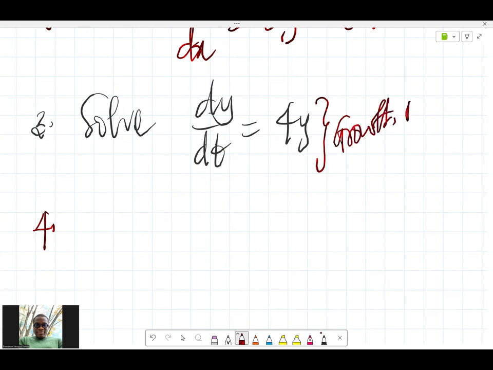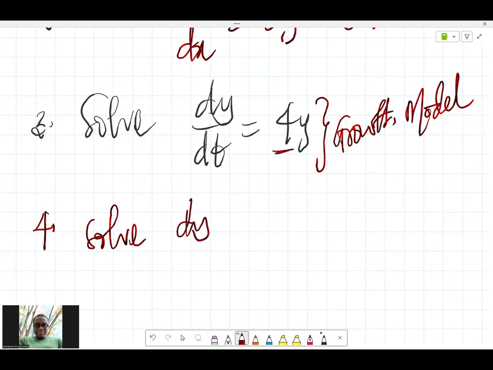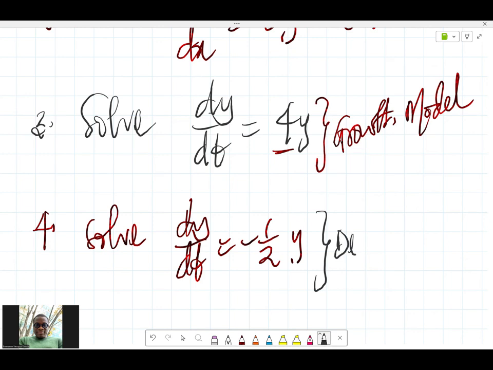When this coefficient is positive, that's a growth model, but when it is negative, it is a decay model. So solve dy/dt equals -1/2 y. Because of this negative sign, this becomes a decay model, so the value of y will be decreasing.